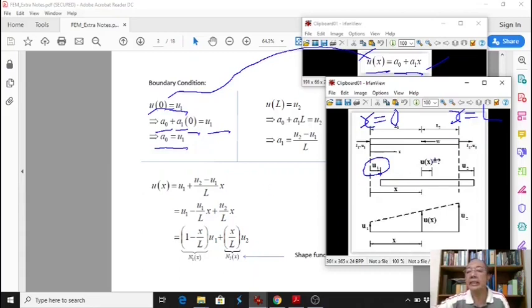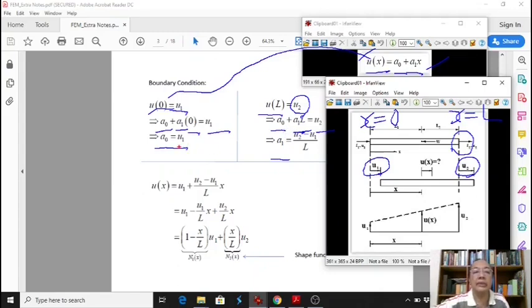At the other end, U of L equals U2. Recall this equation and substitute x equal to L. U of L equals A0 plus A1 times L, and this equals U2.